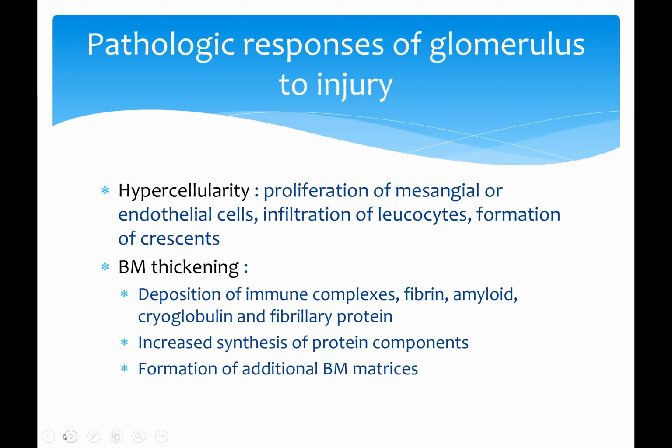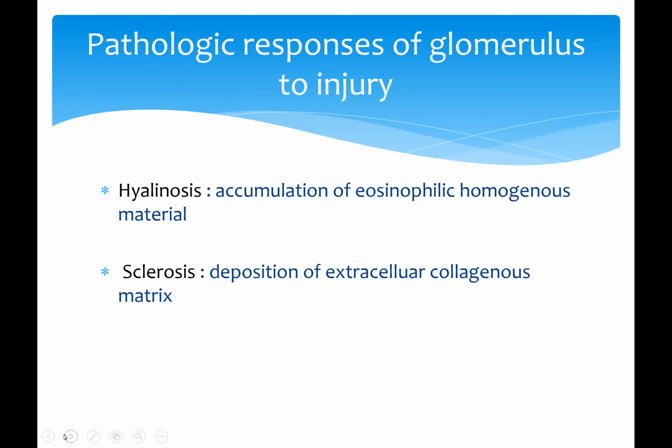So do not forget hypercellularity, basement membrane thickening, and then hyalinosis and sclerosis. When you say hyalinosis, it is denoting accumulation of material that appears homogeneous and eosinophilic by light microscopy. Hyalin is an extracellular amorphous material composed of plasma proteins.